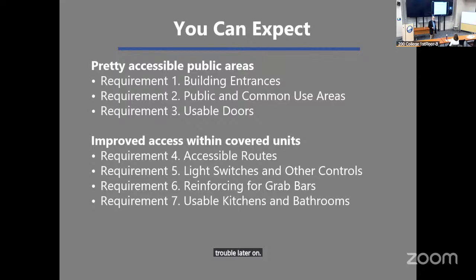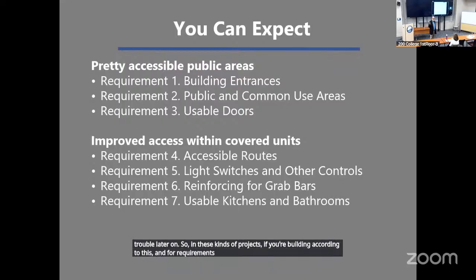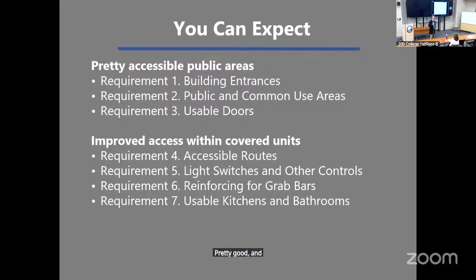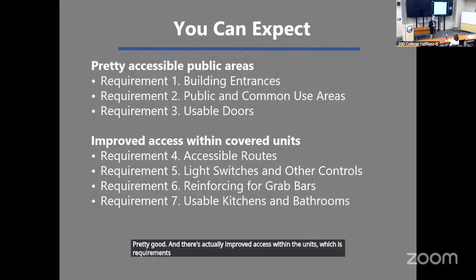So in these kinds of projects, if you're building according to this, for requirements 1, 2, and 3, it's pretty accessible. That's really the big lift and the big benefit we see on these projects that are under the jurisdiction of the Fair Housing Act. Pretty good. And there is actually improved access within the units, which is requirements 4, 5, 6, and 7, compromised and limited and constrained in the ways I've described.